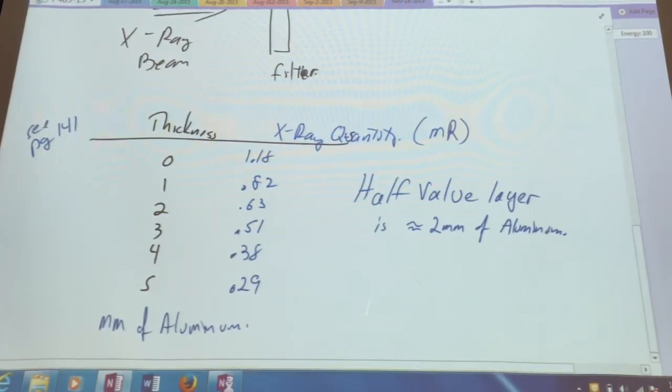And the more aluminum that you need for your half value layer, the more penetrating your beam is said to be.